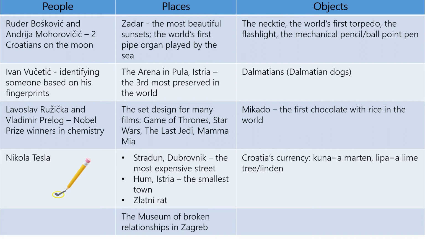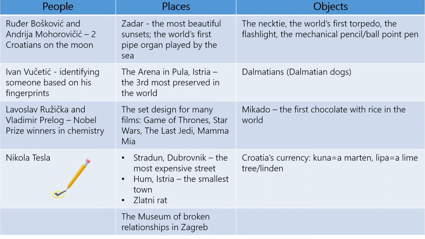And finally, Nikola Tesla. The places are Zadar for the most beautiful sunsets and the world's first pipe organ played by the sea. The arena in Pula, Istria, as the third most preserved in the world.